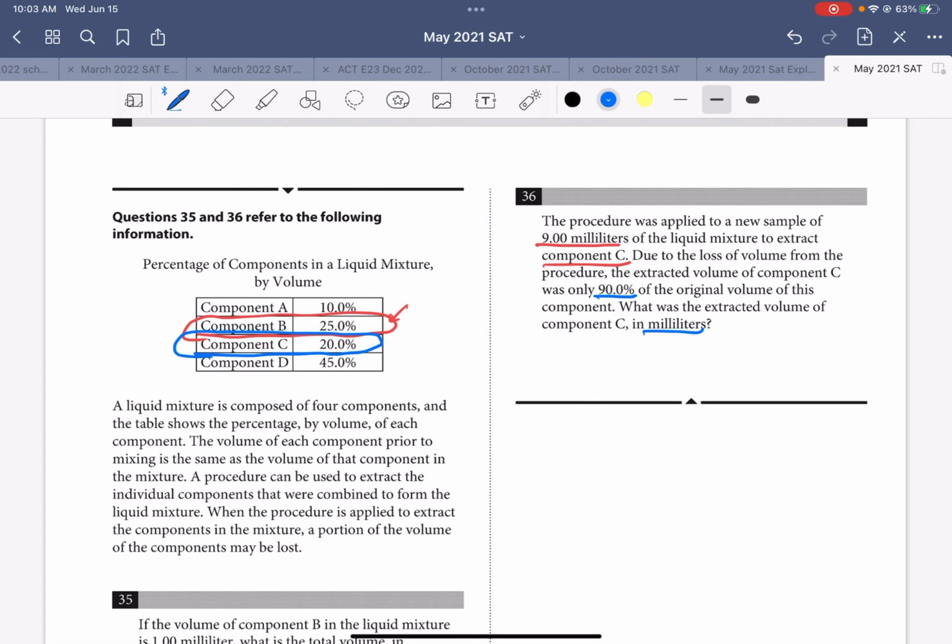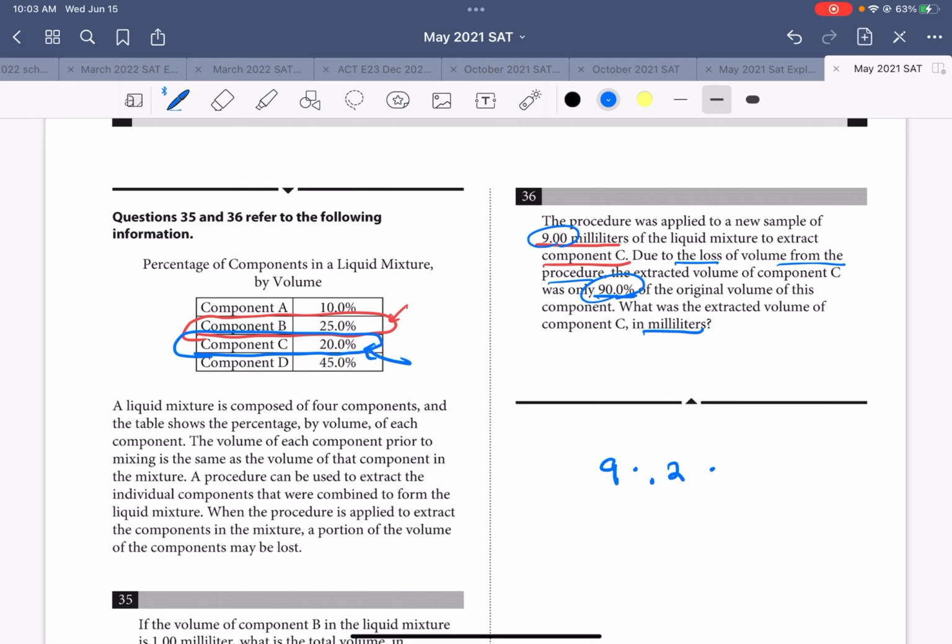Okay, so the total mixture volume is 9. And then in the mixture, only 20% is component C, so times 0.2, 20%. But there's some loss in the procedure, right? From the procedure, they're going to lose something, so only 90% will be extracted.